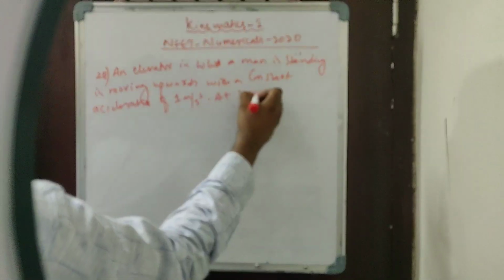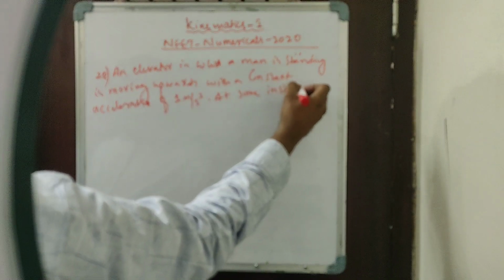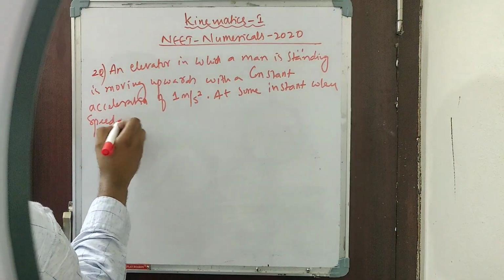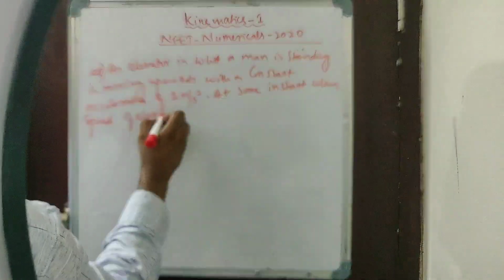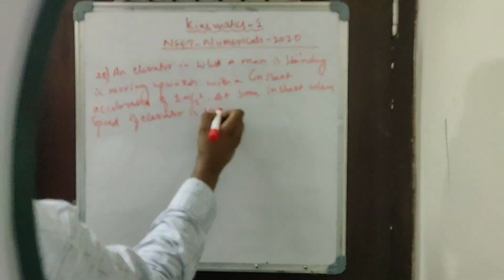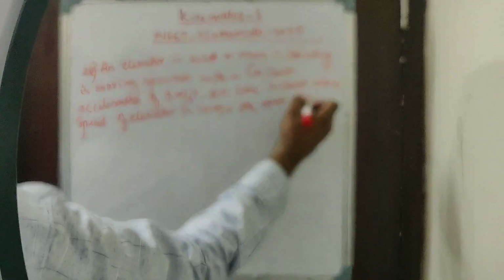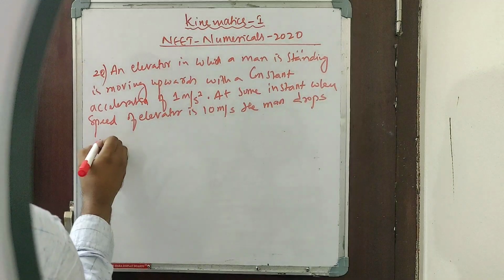At some instant, when the speed of the elevator is 10 meter per second, the man drops a coin.